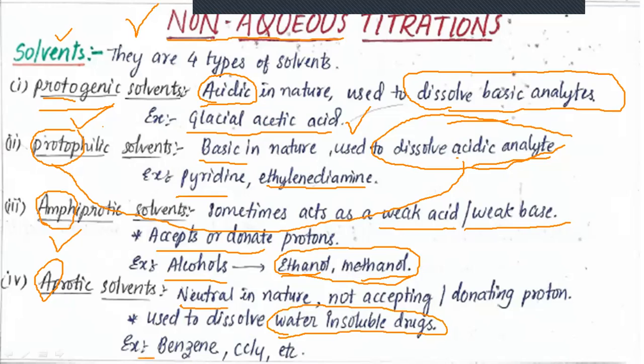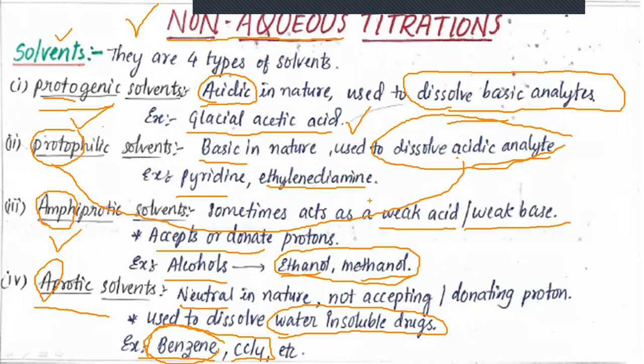For example, benzene and CCl4 are the aprotic solvents that we can use. CCl4 doesn't have any hydrogen, it is not providing hydrogen, and it will not take any proton. Benzene is also not taking proton and not giving proton. So that's why these solvents are called aprotic solvents.